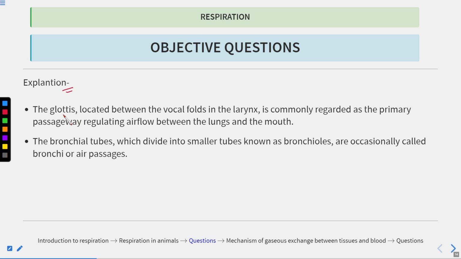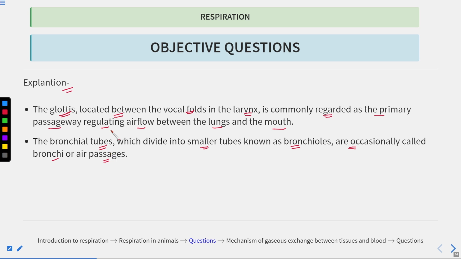Why are the other options incorrect? Let's talk about the glottis first. The glottis, located between the vocal folds in the larynx, is commonly regarded as the primary passageway regulating the airflow between the lungs and the mouth. That's why it doesn't contain the vocal cords. Now, what are bronchial tubes? Bronchial tubes, which divide into smaller tubes known as bronchioles, are occasionally called bronchi or air passages.